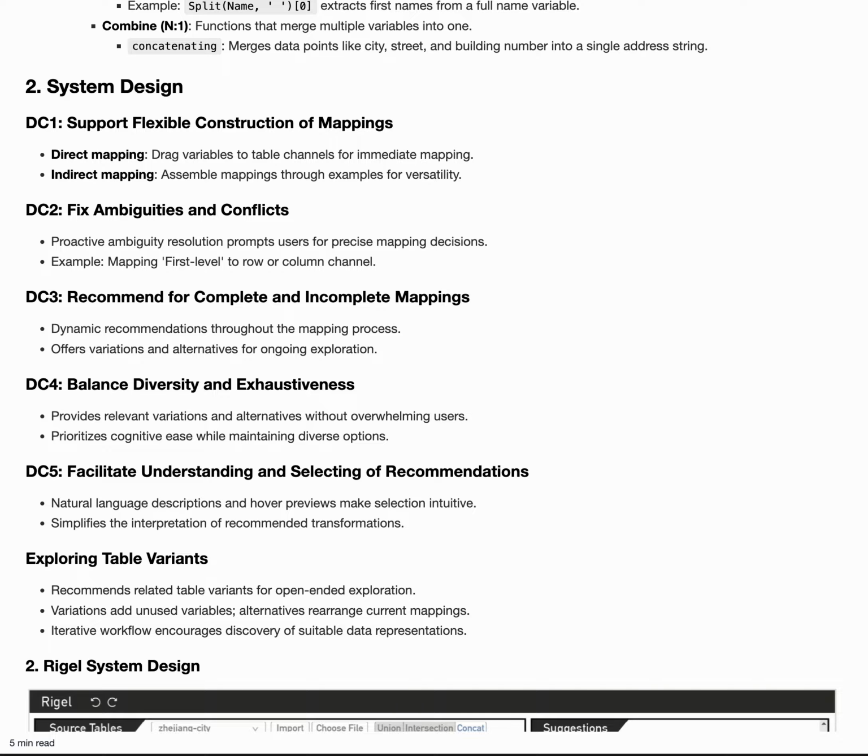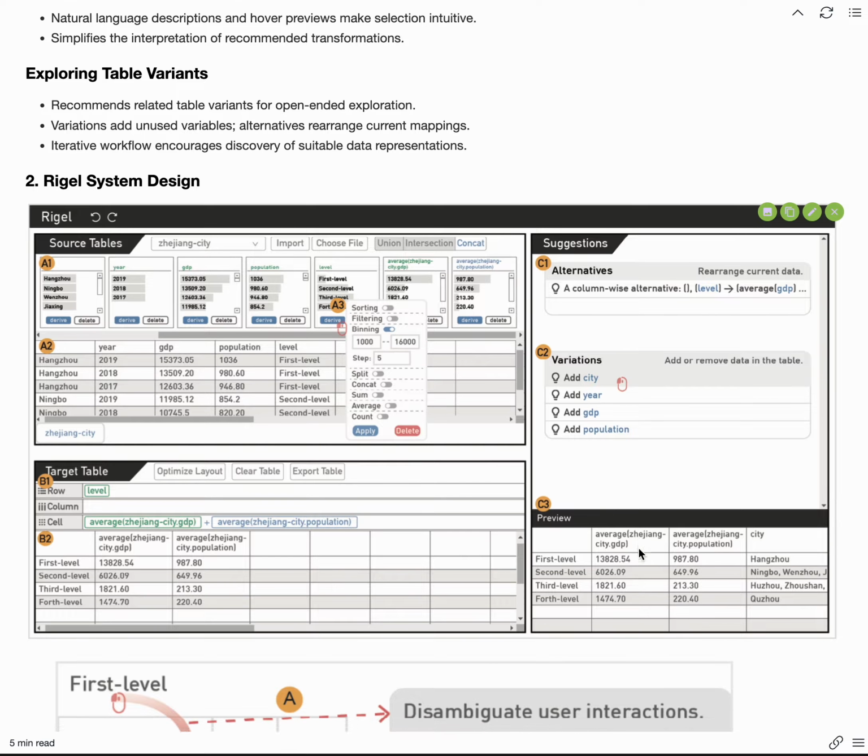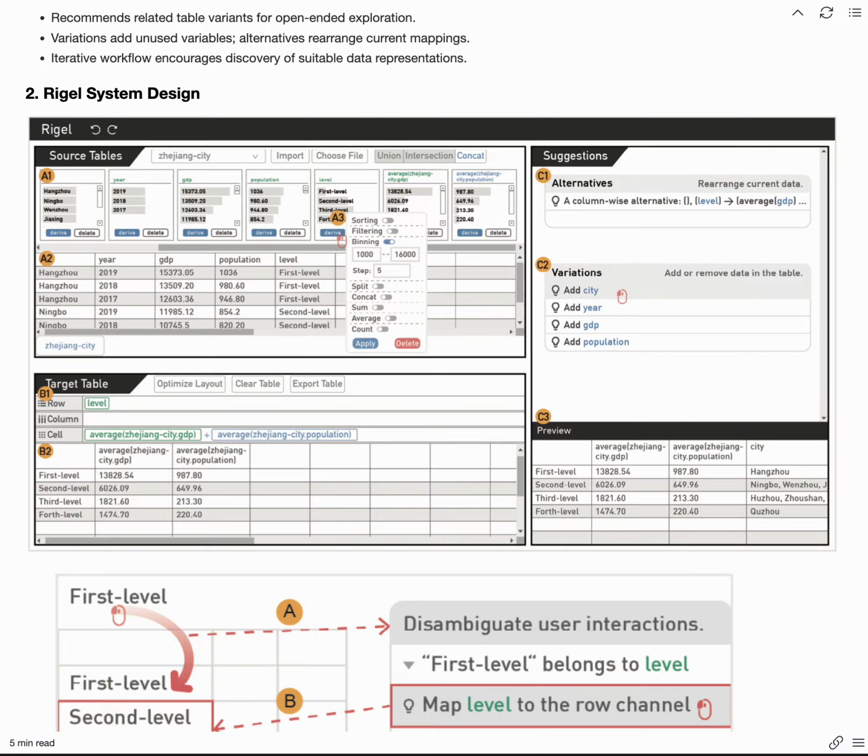And the final consideration, facilitate understanding and selecting of recommendations. Understanding and choosing from recommended transformations is made intuitive in Ringo, with natural language descriptions and the ability to hover and preview effects. As we see in this figure, users can effortlessly interpret recommendations and visualize the outcome, making informed decisions easier.